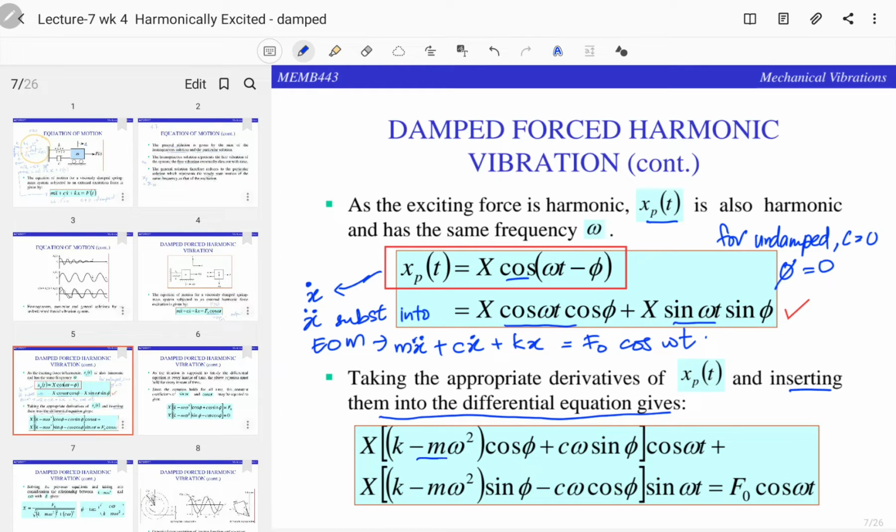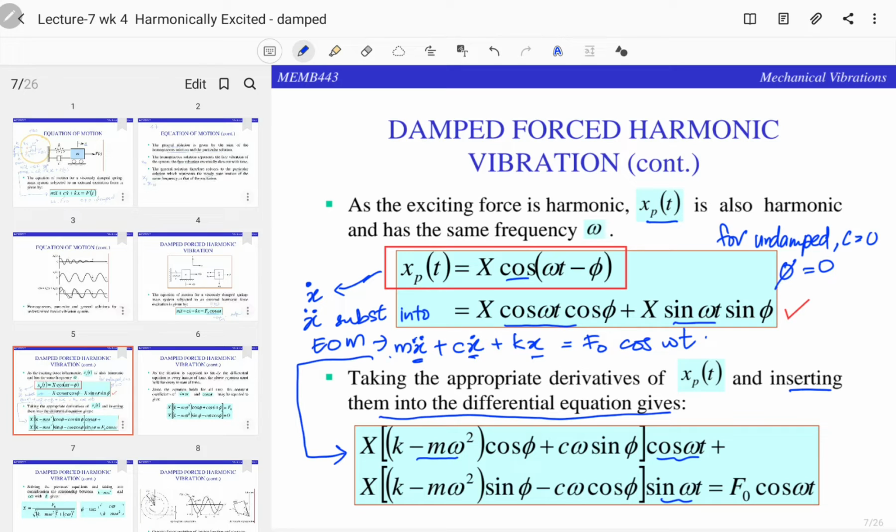That's how they get this term here, and the rest of the terms, the cosine phi plus c omega sine phi, everything times cosine omega t. So this one is after substitution. We collect all the terms in terms of cosine and sine, so after you substitute your x double dot, x dot and x, you can rearrange the equation as such.